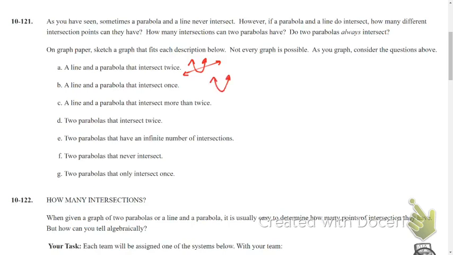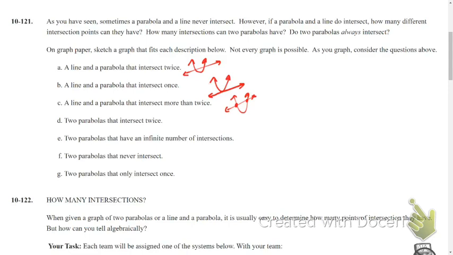I can just sketch a parabola and then a line that goes through maybe the vertex or just a part that's tangential to the parabola. For part C, a line and a parabola that intersect more than twice. Well, there's no way it's going to intersect more than twice, right? Two times is going to be the maximum.